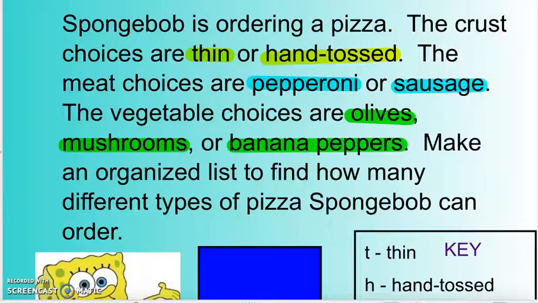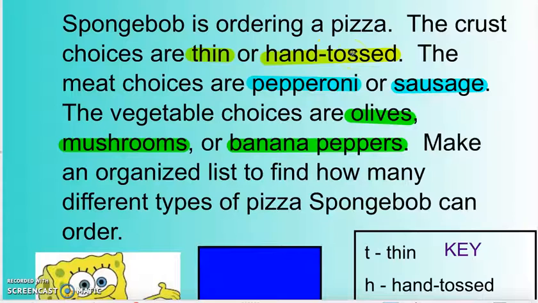So when I order pizza, I know that there's always a variety of choices to choose from. In this case, when we're choosing a pizza for SpongeBob, we need to choose thin or hand-tossed.